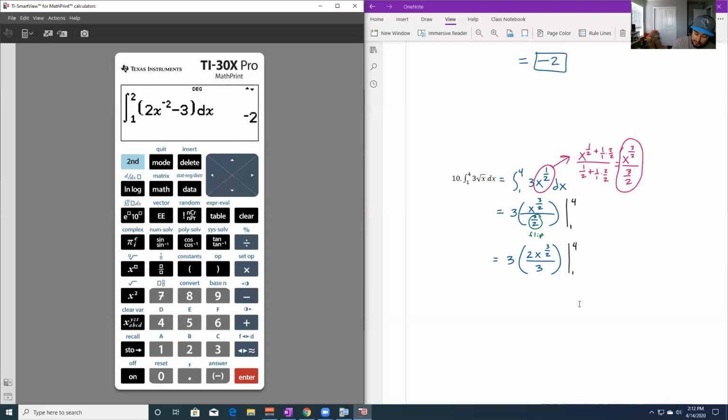This 3 cancels, that 3 cancels, and you get 2x to the 3/2 from 1 to 4.